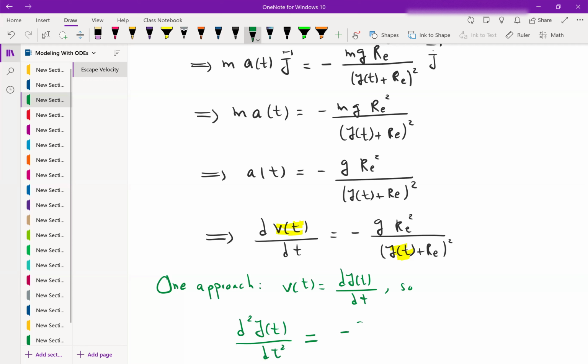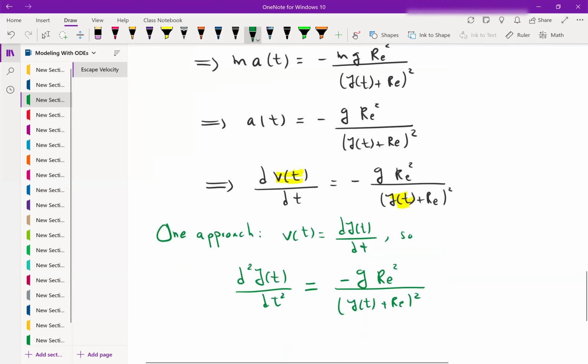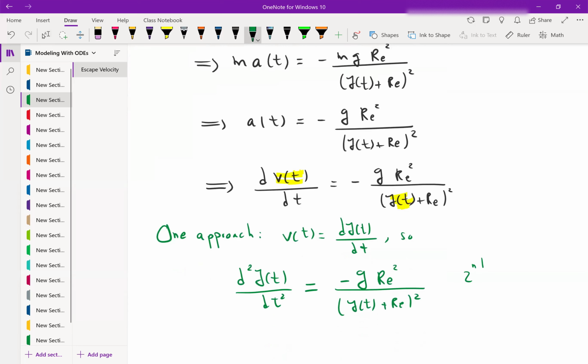And then on the right, you have negative g Re squared divided by y of t plus Re, squared, which is a second order ODE with the unknown y of t.